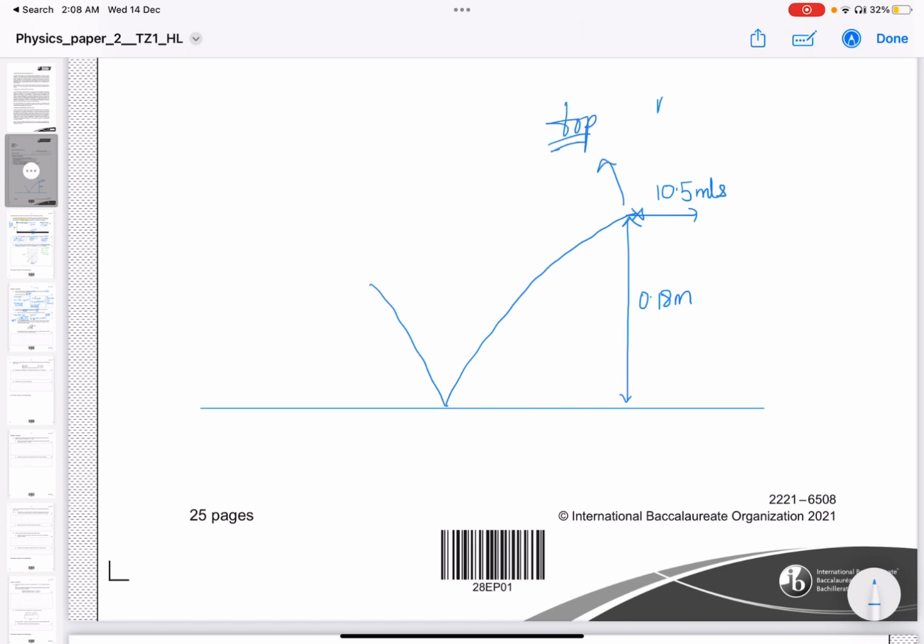I found this energy by mgh plus half mv squared. As we know, the law of conservation of energy states that energy is neither created nor destroyed. It is only passed from one form to another. So we are assuming there is no energy lost to the surroundings, so energy at the top must equal energy at the bottom.